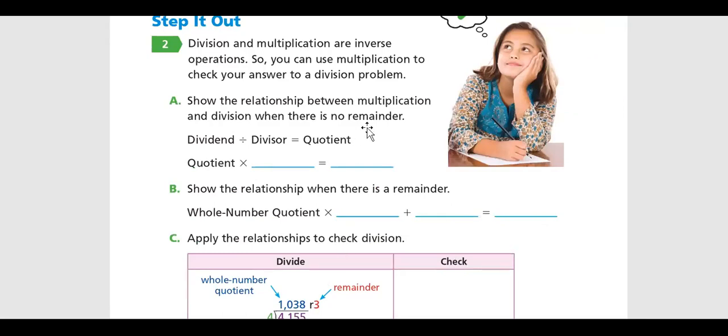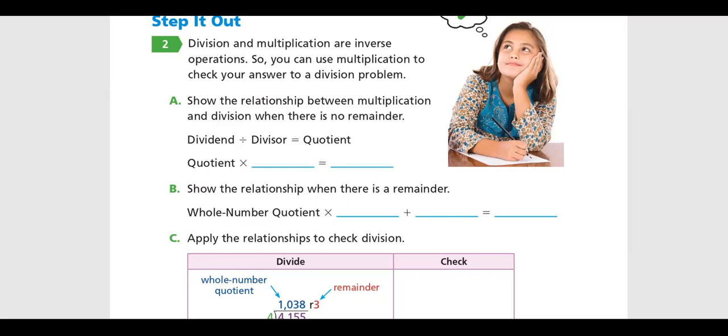Now, division and multiplication are inverse operations. So you can use multiplication to check your answer to a division problem. Show the relationship between multiplication and division when there is no remainder.